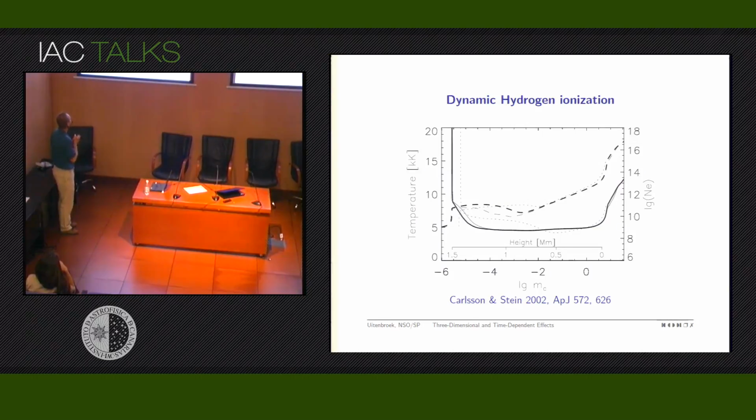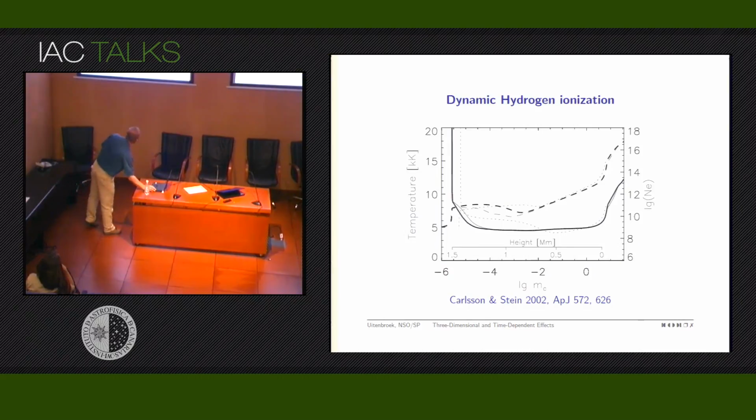And for comparison, in dotted lines are shown the values for one of these average semi-empirical models. And you see in particular, when you look at the thick dashed line, that there is a difference of a factor of about 6 in electron density from the initial state to the average state of the simulation.